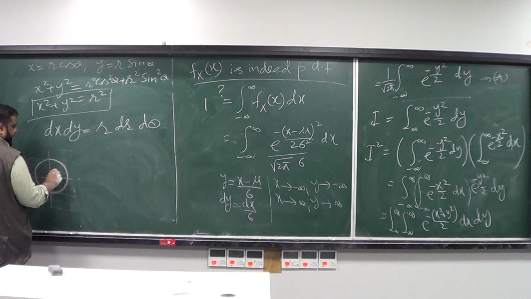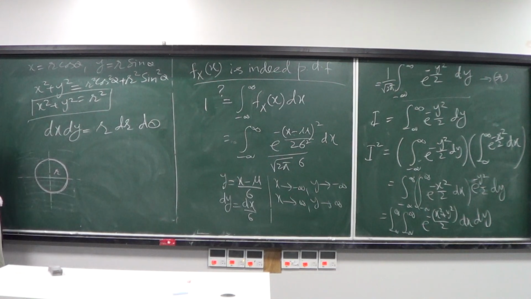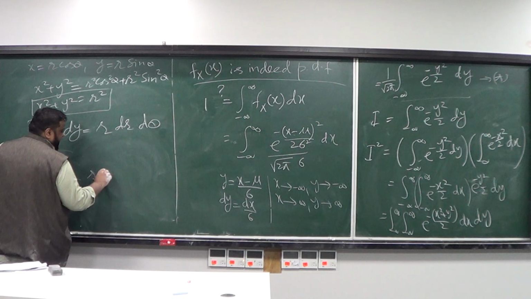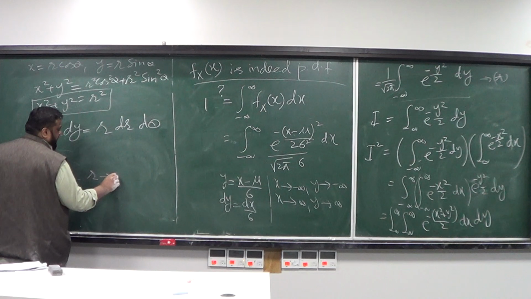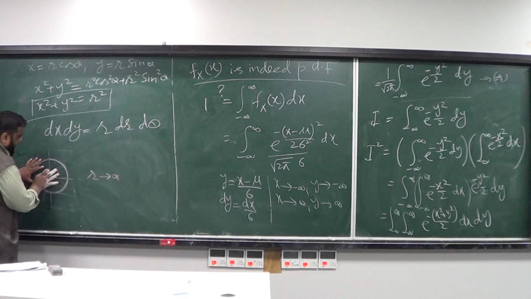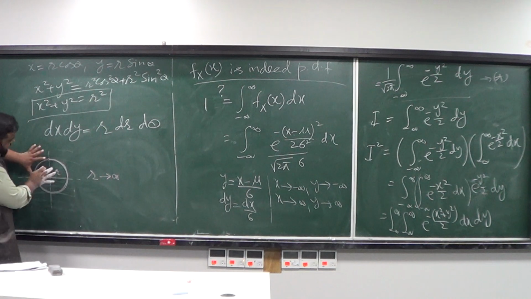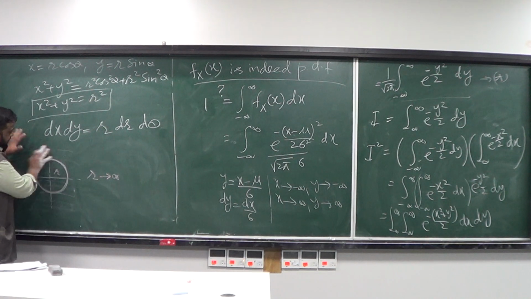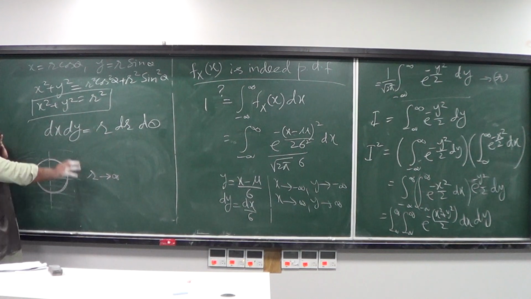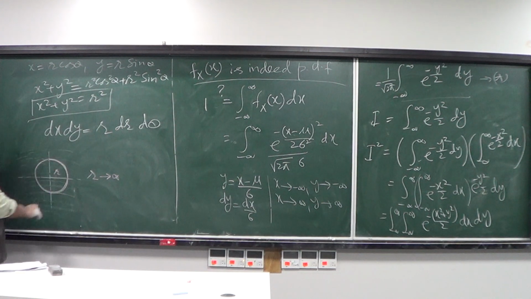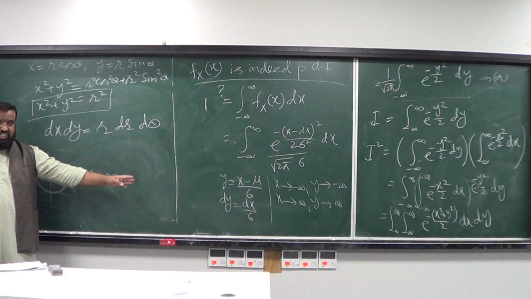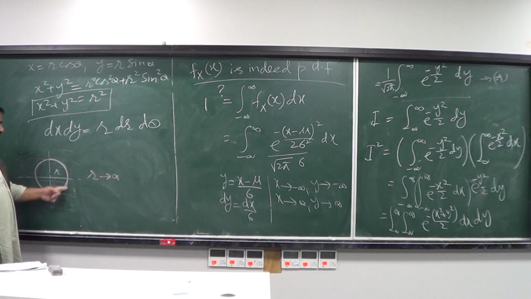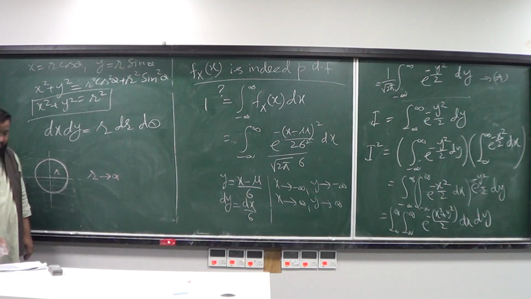So let's say that this is R actually, the radius is R. So if I take my R and I say that R goes to infinity, यानी ये R जो है ये increase हो रहा है, तो जैसे जैसे ये R increase होता जाएगा, I can cover the entire two-dimensional plane by my circle actually. Okay. So in other words, R can be anything from 0 to positive infinity, while the theta is from 0 to 2 pi.